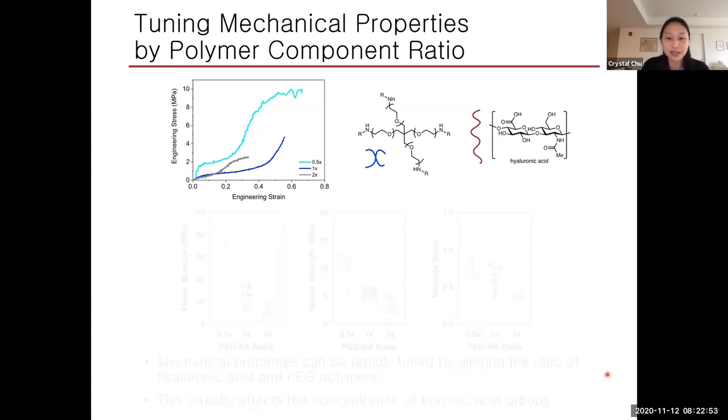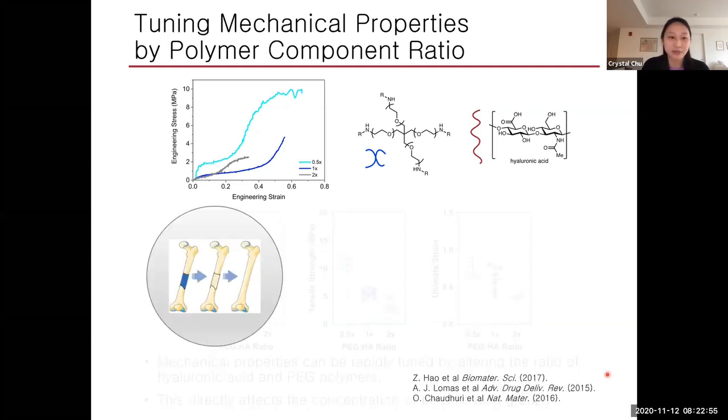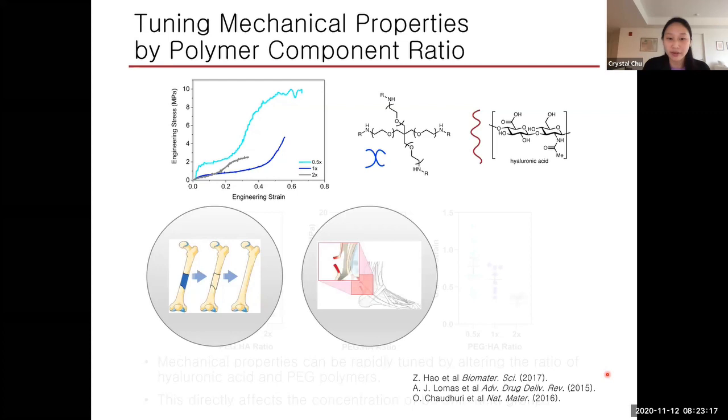The reason I've stressed this a lot is that, at a high level, you can imagine using these types of fibers for applications like I discussed in the beginning. You want to be able to tune the properties of these materials, because mimicking something like the properties of bone would be very different from healing something like a tendon.